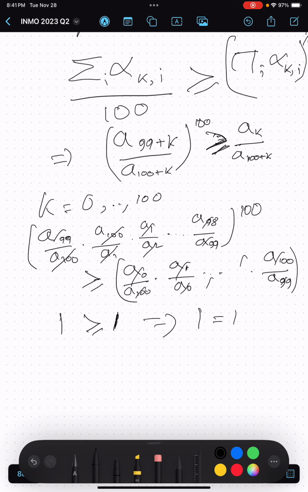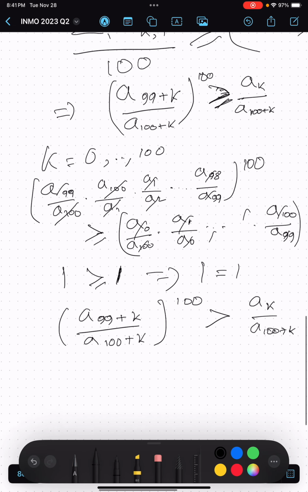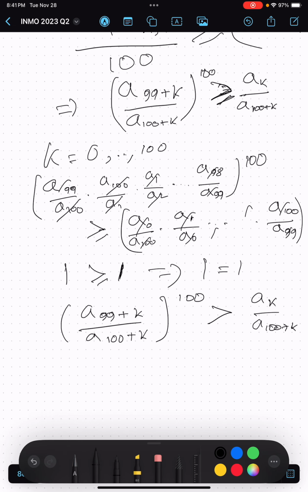So if for at least one k we have strict inequality, that is, for at least one k we have strictly greater than a k by a 100 plus k, it would mean that 1 is greater than 1, which is a contradiction.